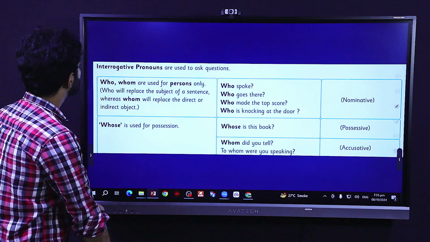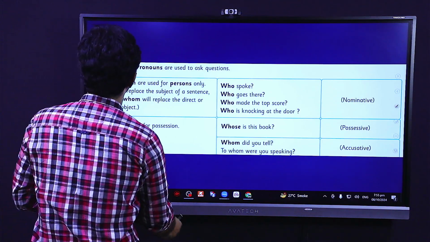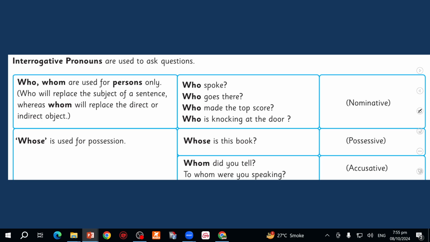Now students, we know that we have some more pronouns, interrogative pronouns, for asking questions, for making interrogative sentences. For inquiring, for being inquisitive, we can use who, whom. They are used for persons only. So whenever you see the usage of who or whom, we will refer to them for persons.